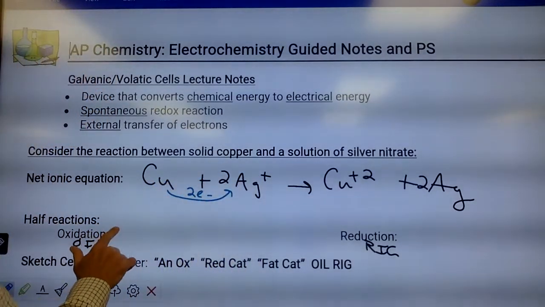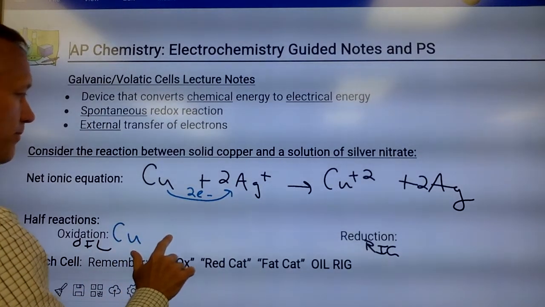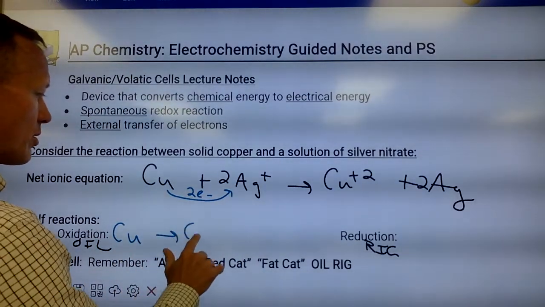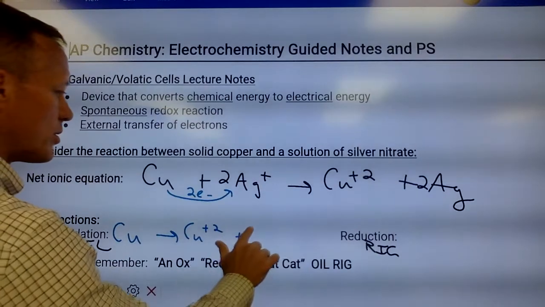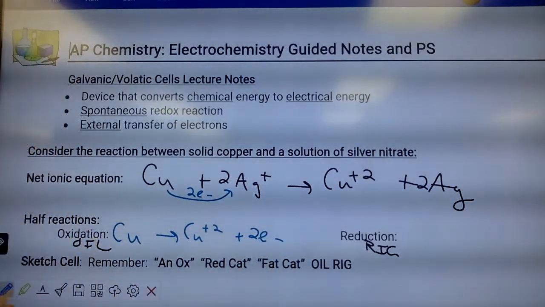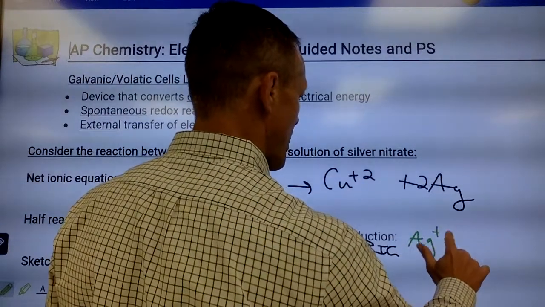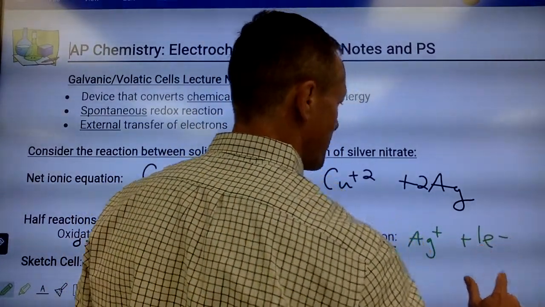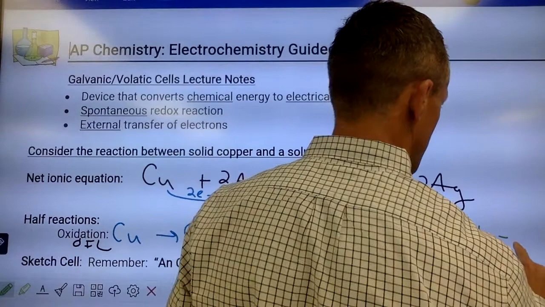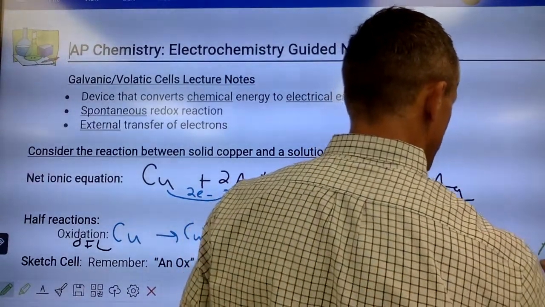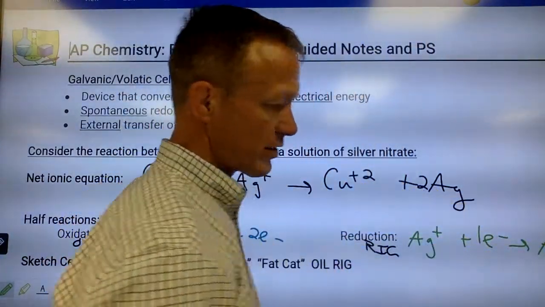So our oxidation half reaction is copper going to copper plus 2 plus 2 electrons. And our reduction would be silver ions gaining an electron to turn into Ag. And we can put a 2 in front of all those things so that everything is equaled out.